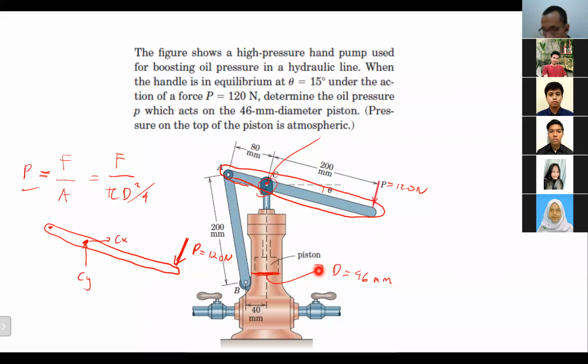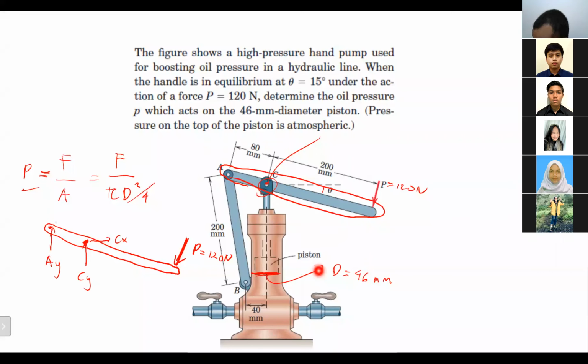If AB is not assumed as a two-force member, then you have to do it this way: Ay, Ax. Take a look at this free body diagram. We have four unknowns, and the number of equations that we have is only three: sigma Fx equal to 0, sigma Fy equal to 0, and sigma moment equal to 0. We cannot solve it.